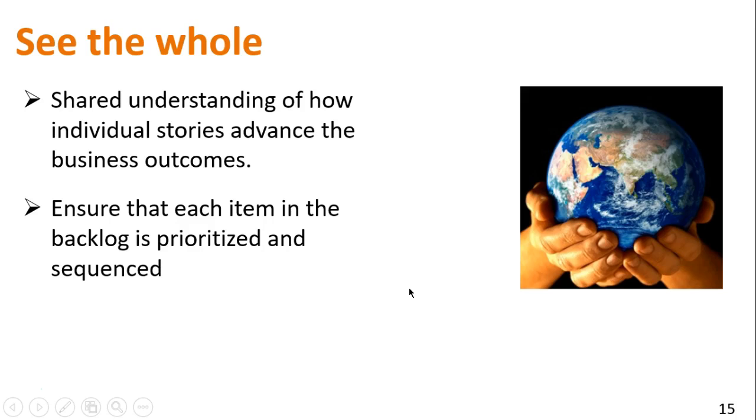This is about a shared understanding, making sure that the entire project team, the entire iteration team, has a common understanding of the particular pieces that we're going to be working on in this iteration, and how these pieces contribute to the value that the product is going to bring to the stakeholders.